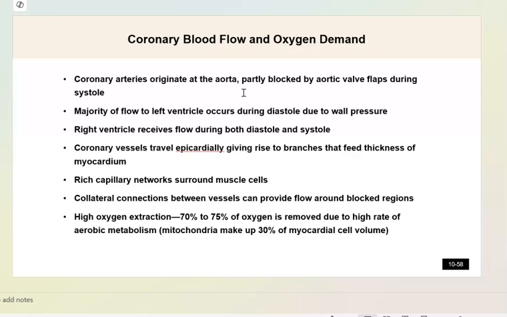So the duration of diastole affects our total myocardial blood flow, right? That makes sense because the time that we perfuse our own heart tissue is during diastole. So however long the duration of diastole is going to affect how well we can actually supply oxygen and blood flow to the heart muscle itself.